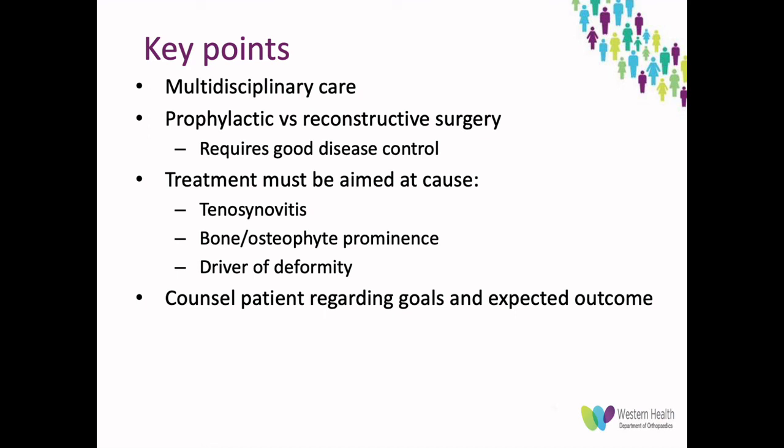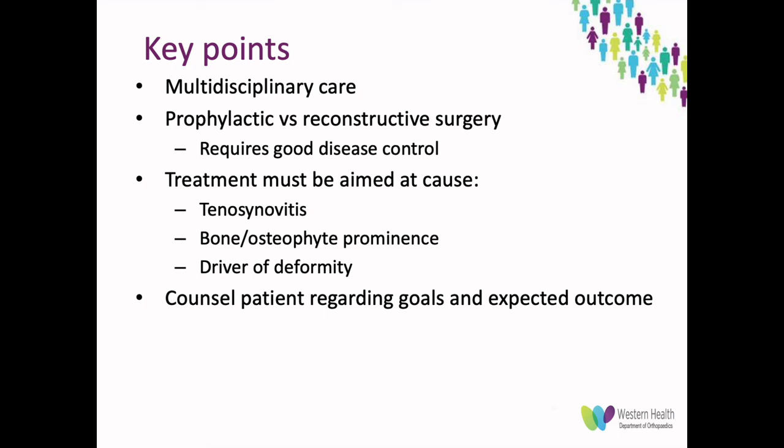So the key take-homes, as always, multidisciplinary care, I think of particular benefit here. Looking at when we want to try prophylactic surgery, such as for tenosynovitis, versus reconstructive surgery, and knowing that you really need good disease control before patients should embark on surgery.